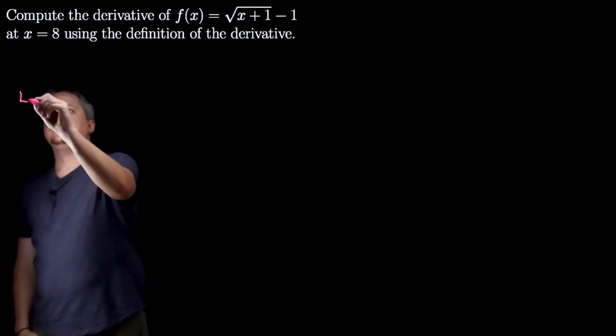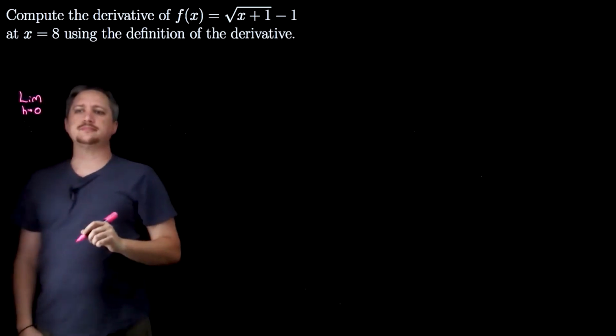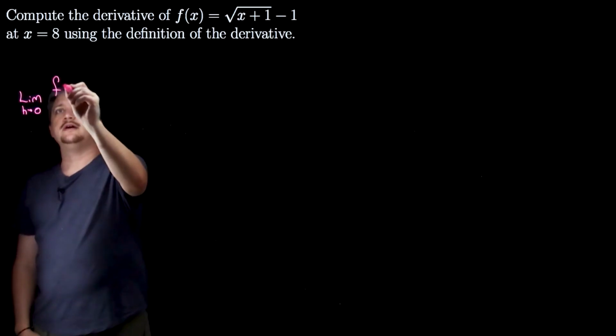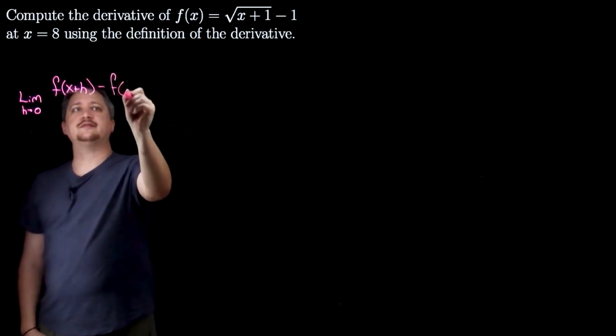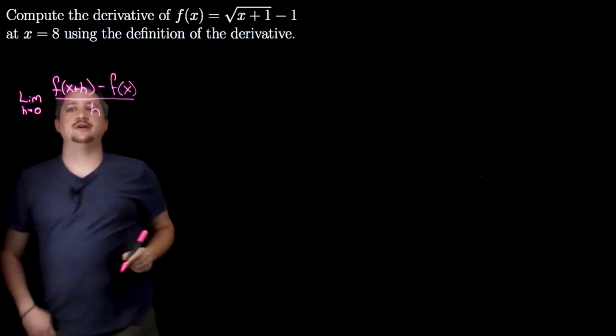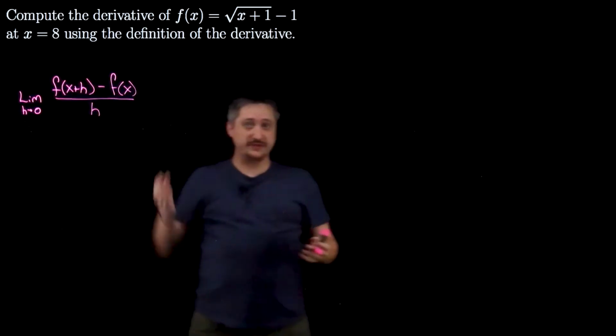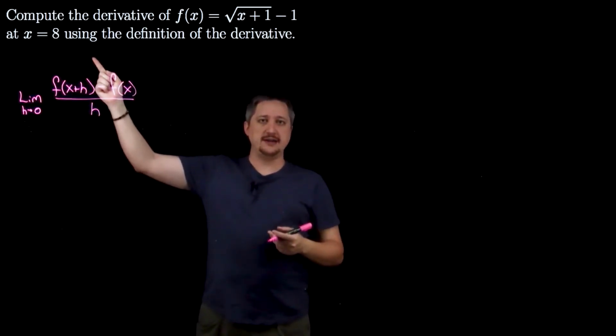Take the limit as h goes to 0 of f of x plus h minus f of x all over h, where x here is the point of interest. In our case, we want to know about x equals 8.